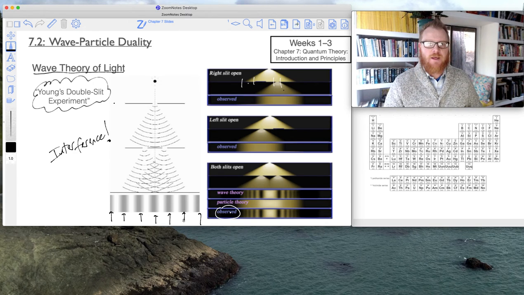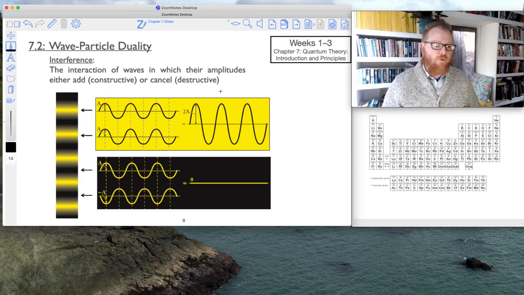But where you see regions where there's no light at all, those are regions of destructive interference. So to review that, we recall that when we add waves together, and mathematically this is true, but also physically this is true, right?